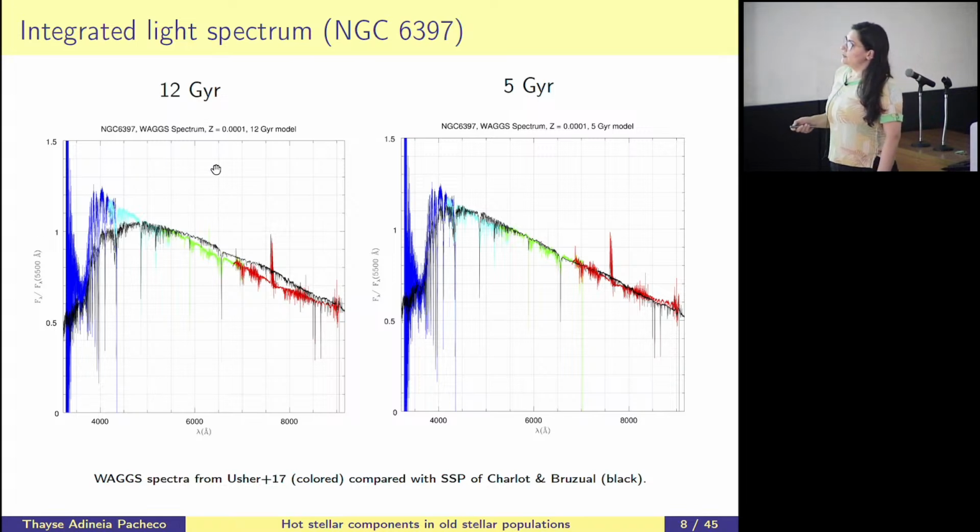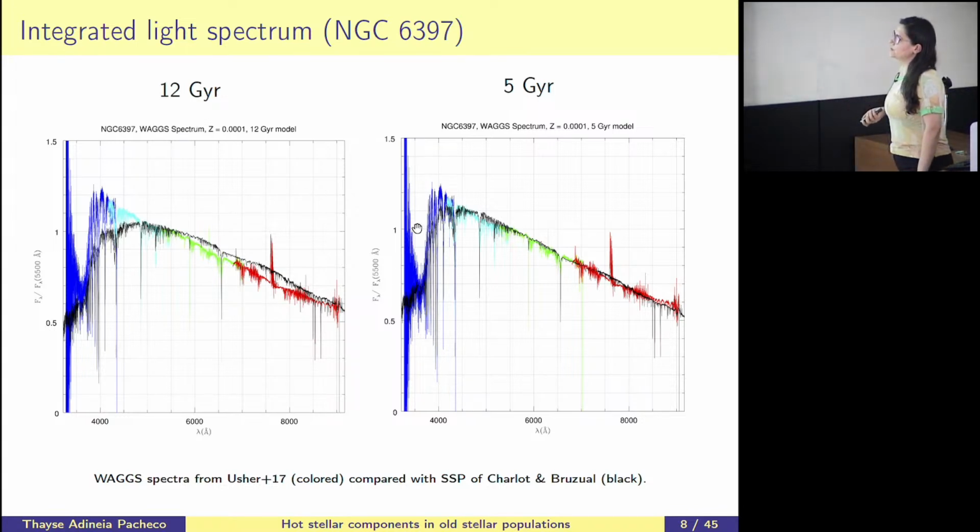On the left side, we have a fit of 12 gigayears, and as you can see, it doesn't fit well. When we try to fit a simple stellar population to this integrated light spectrum, we have the best fit much younger than we expected. So we need to fix this problem.